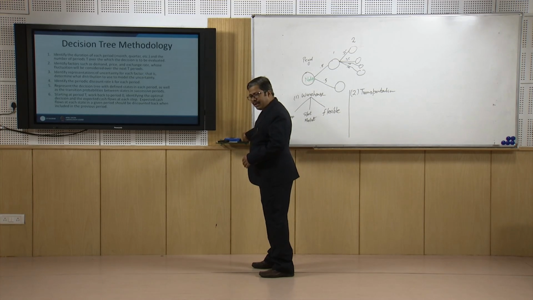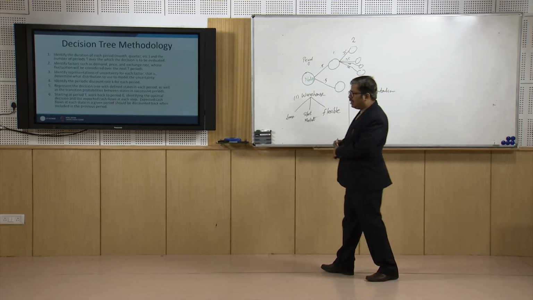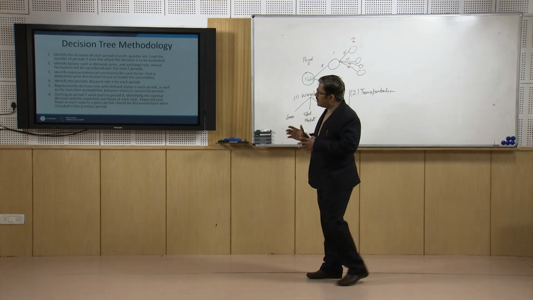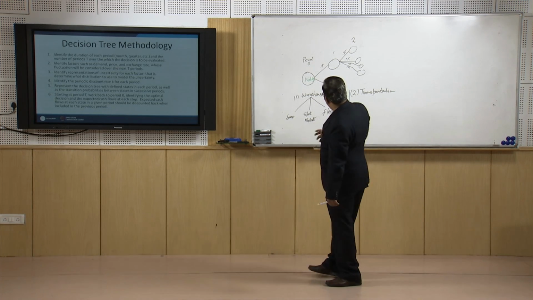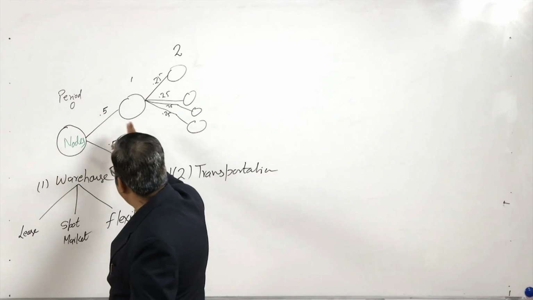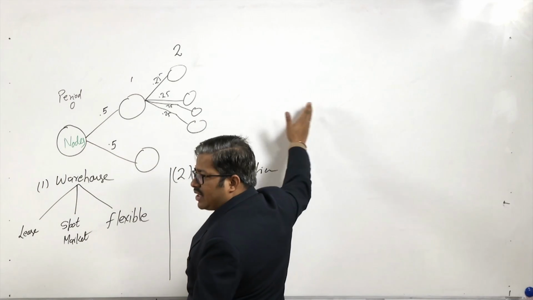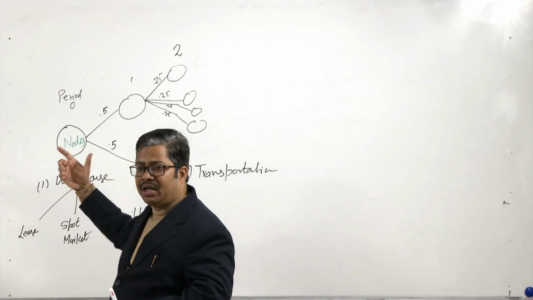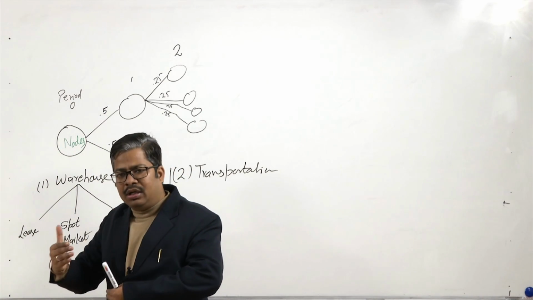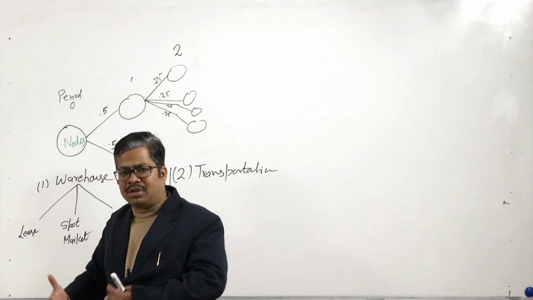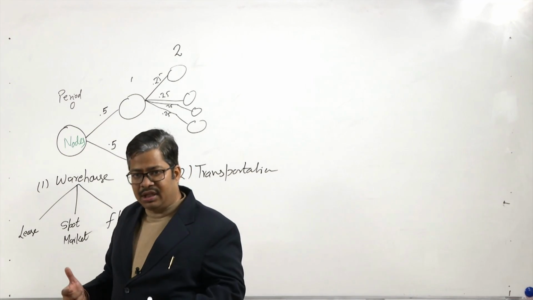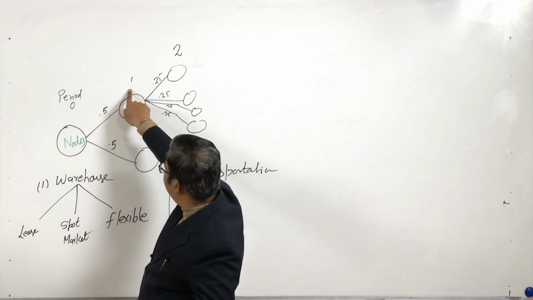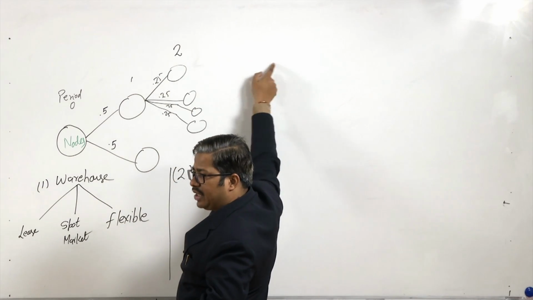Like in this particular case here, the first thing is we need to decide what is the duration of each period. Like this is period 1, this is period 2, this is period 3, and so on, as I am making this decision tree. But what is the duration of this period 1? After how much time is this period going to come? So this may be monthly, that this is January 2017, this is February 2017, this is March 2017, like that.